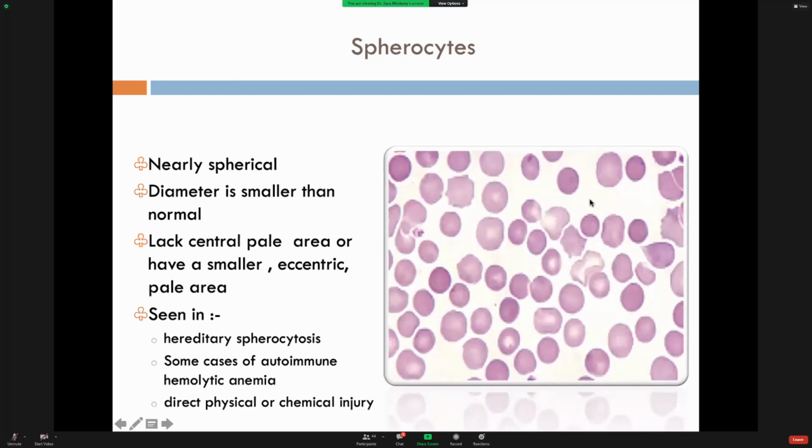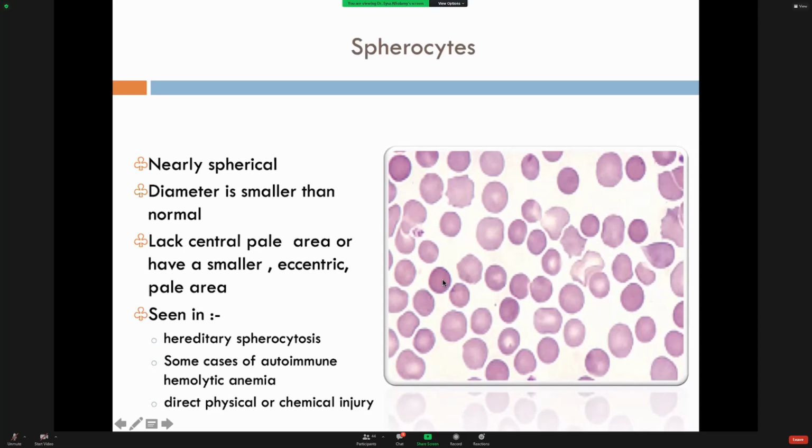Spherocytes, from the name, are oval, almost spherical in shape, with a diameter smaller than normal. It's not clear to me in the PowerPoint, but this is how it looks: the diameter is smaller than normal. This is normal, this is abnormal. This is spherical in shape, darker, lacking central pallor.